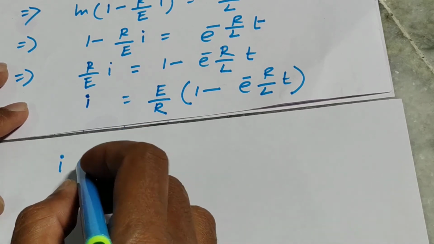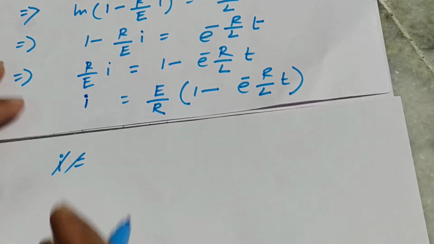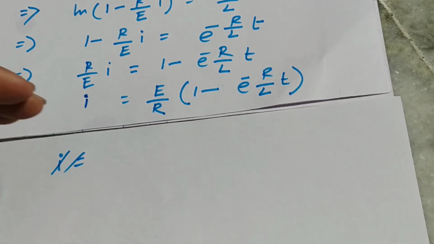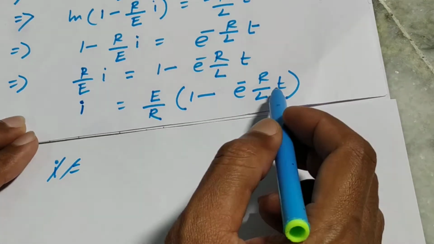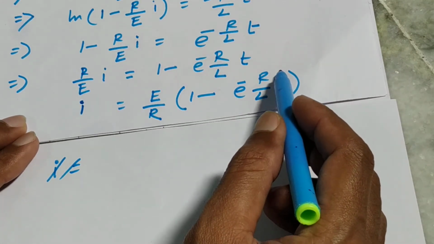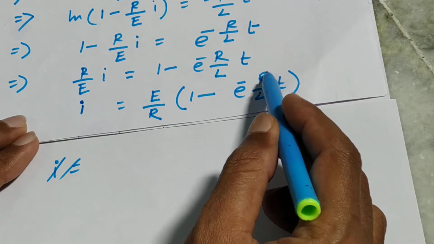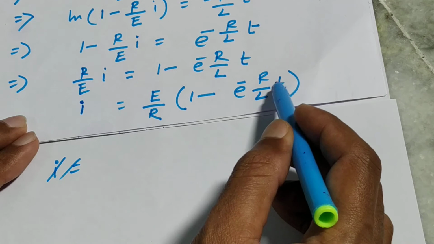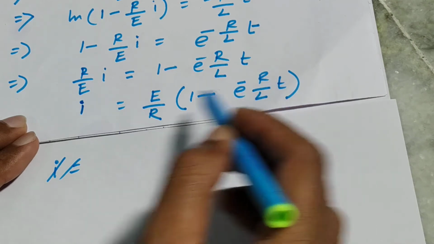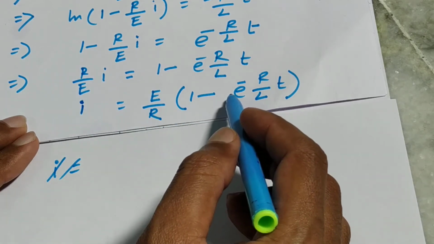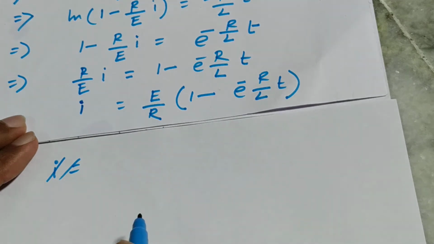The current in the circuit increases exponentially with time, because with increasing time, exponential minus R by L t is reduced. So with increasing t, this negative term reduces, which means the current increases.